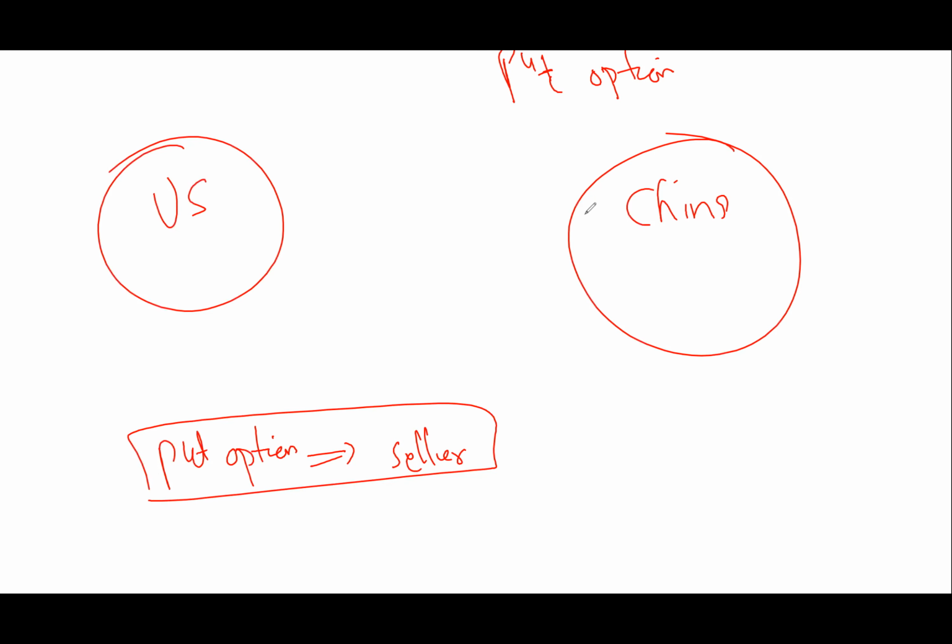So, for example, there is a person here in China who sells his goods to the US. It means exports, right?